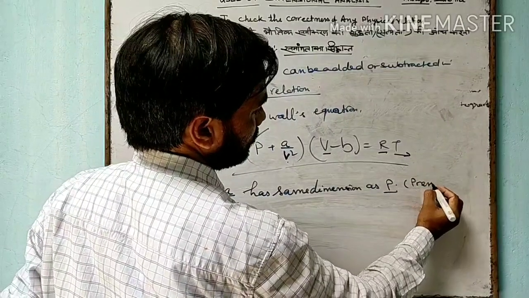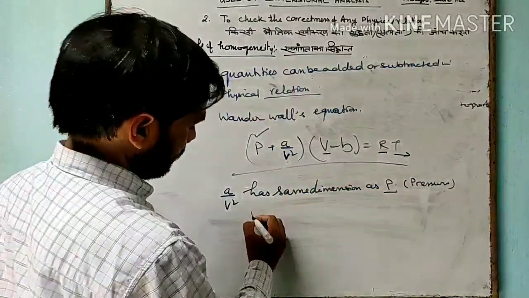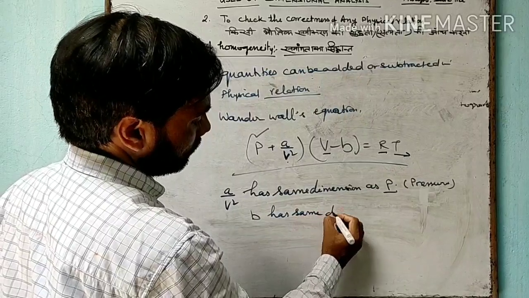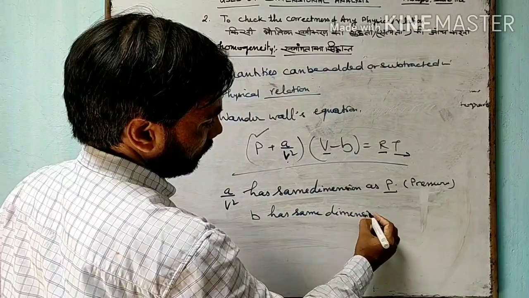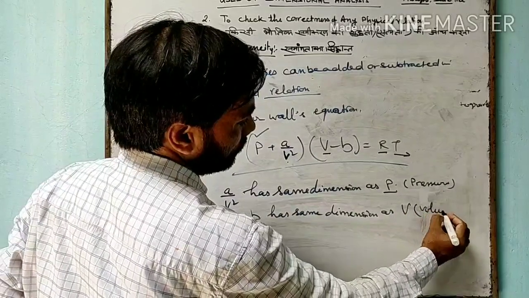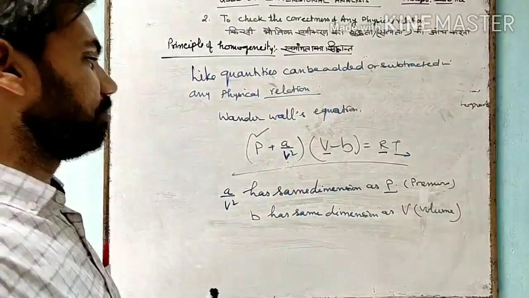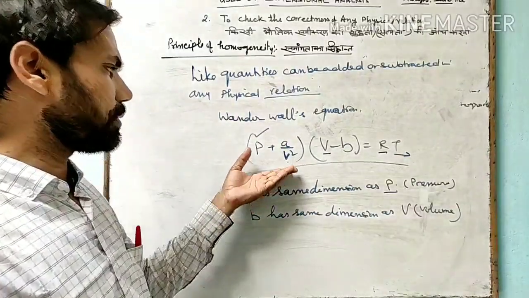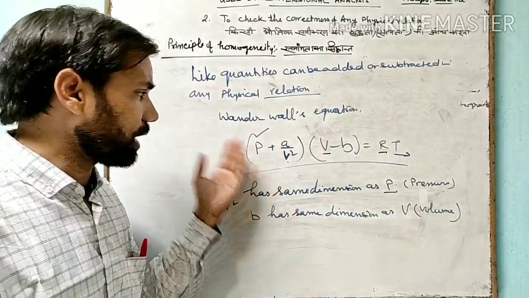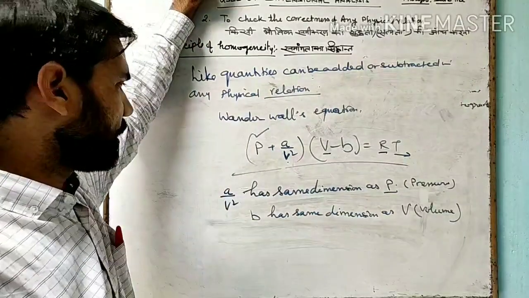Okay, this is the concept which I want to explain to you. And here b has the same dimension as capital V, that is volume. This concept has great importance in determining the dimensional formula or dimension of different constants which are involved in writing any physical relation. So one should know this concept.